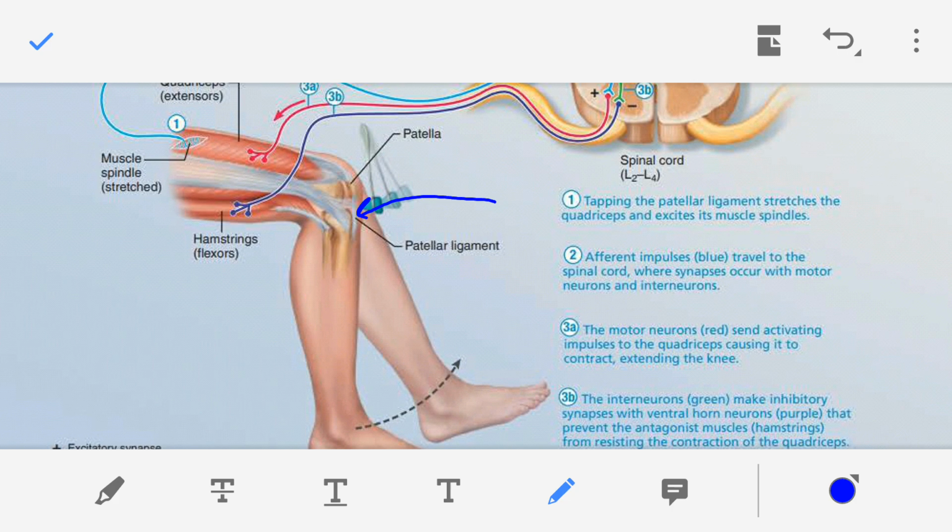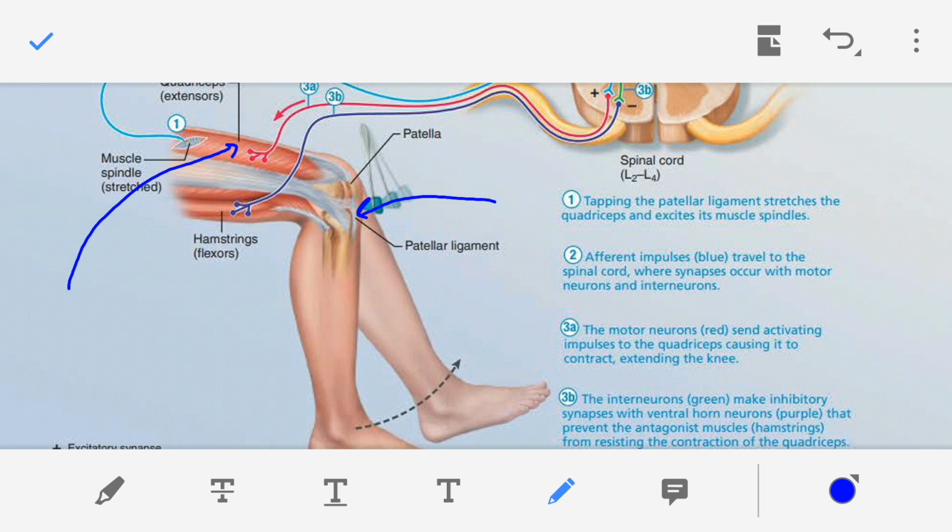As the doctor is tapping the ligament, the quadricep muscle, the muscle of the thigh, stretches due to this tapping by the hammer.